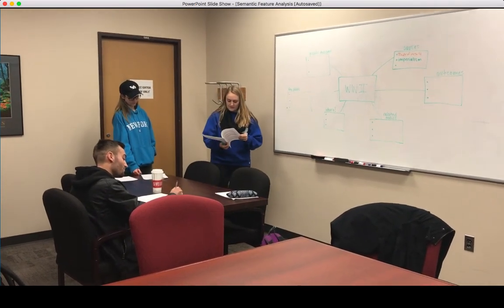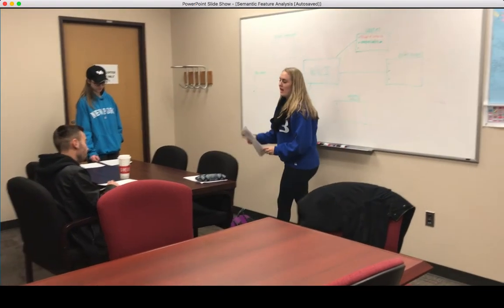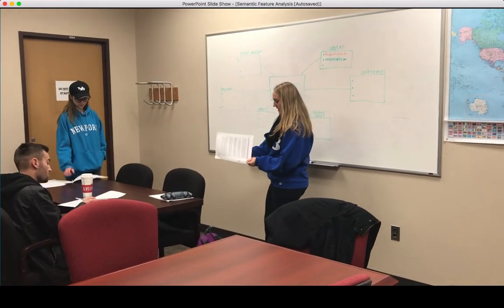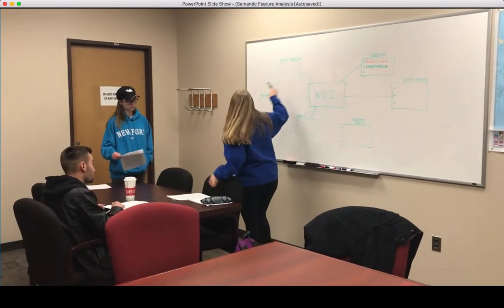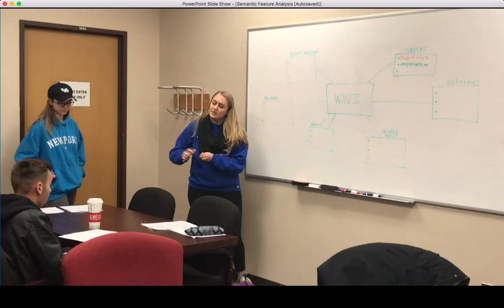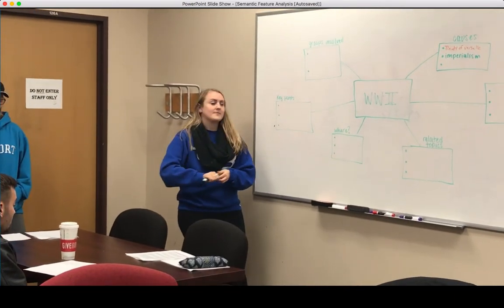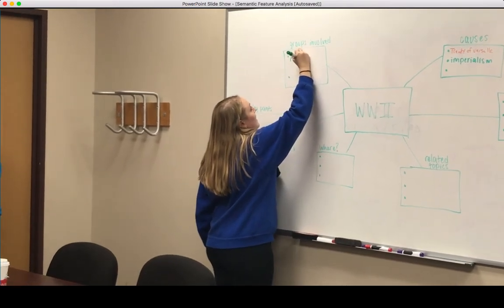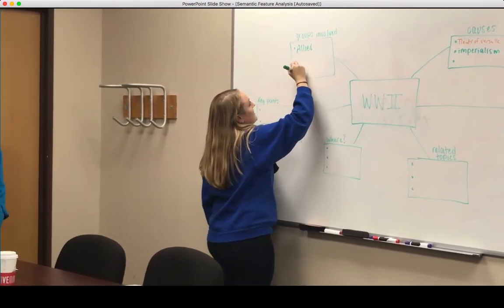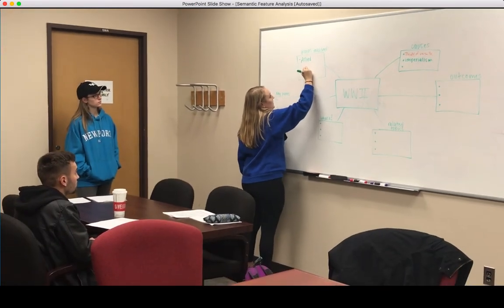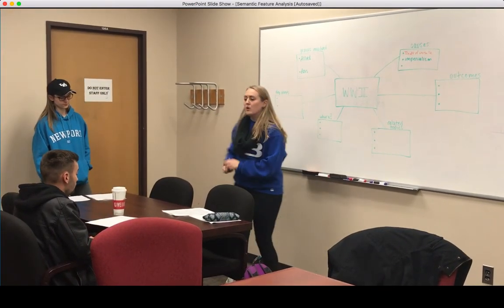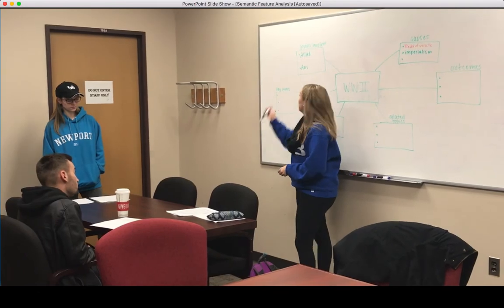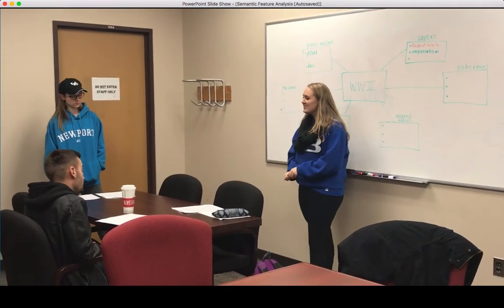Alright, so let's make sure we're all on the same page. Matt, can you tell me what was one of your bullets for the groups involved? I put the Allied powers and the Axis. Correct. So the Allied powers were one alliance, and the Axis powers were another alliance. Can you tell me the countries that you had involved?